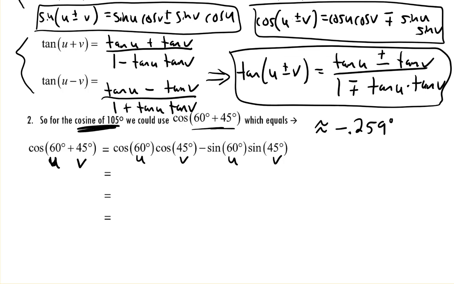So we're supposed to know sine and cosine values at 60 and 45. So let's go ahead and plug those in. At 60 degrees, cosine is a half. At 45, it's square root of 2 over 2. At 60 degrees, sine is square root of 3 over 2. And at 45 degrees, it's square root of 2 over 2.